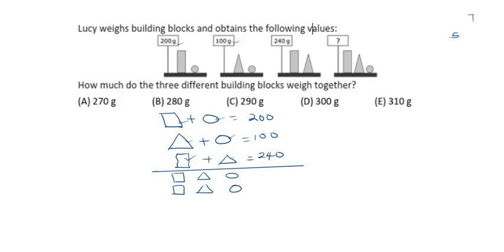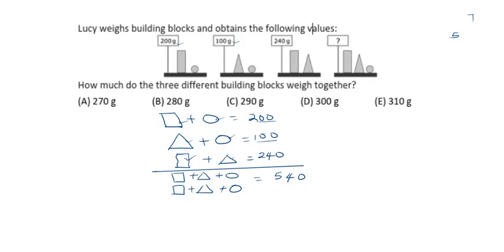If you add everything together, 200 plus 100 will give us 300, plus this, it will give us 540. When you look at it, you can see this plus this is the same thing as what you have now. So it means they are going to share this 540 equally, because they are the same thing.